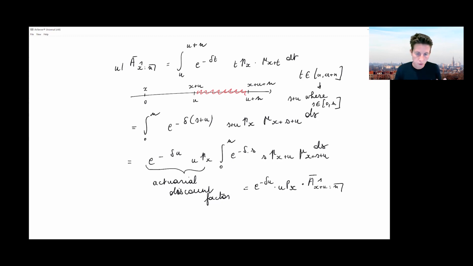So here you also recognize a little bit what we did when we put the recursive relation together earlier on in this class. You've got a certain actuarial discount factor, which is a combination of a financial discount factor and a survival probability. And what you then have is this term insurance, but now it's the term insurance issued to an x plus u years old.